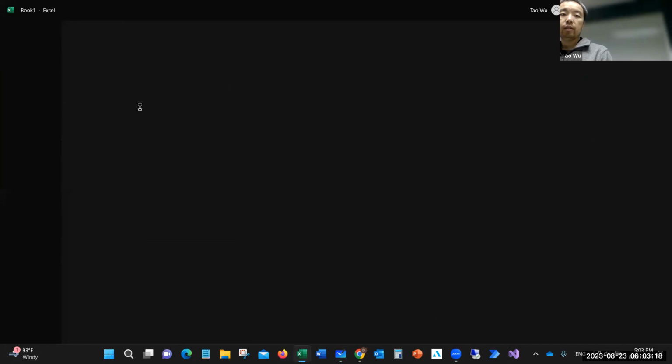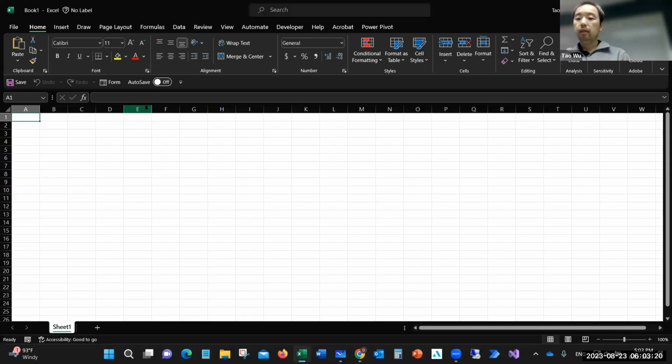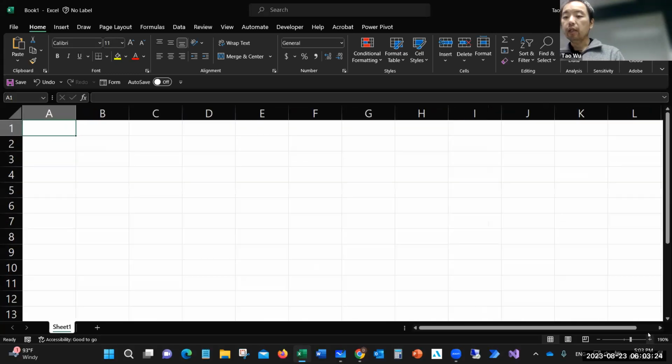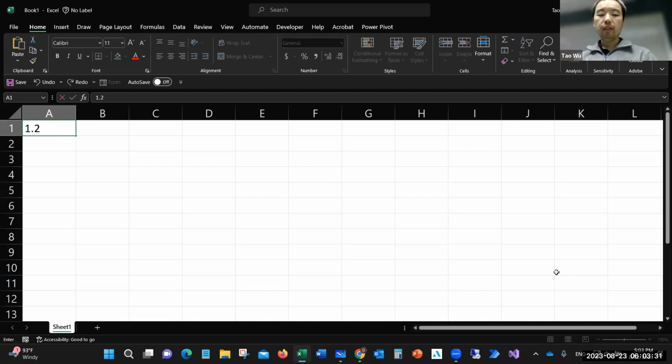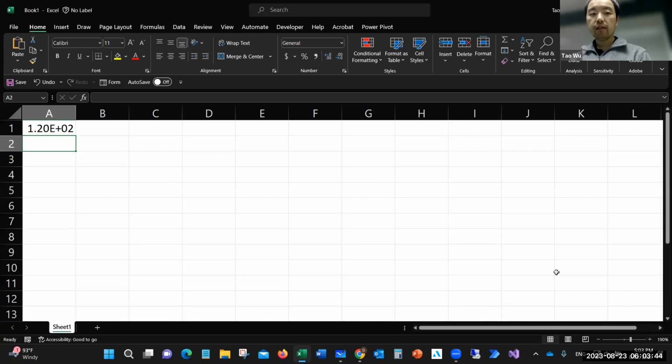If you're looking at Excel, in the engineering parts, they are not writing the scientific notation with 10 to the something. They write 1.2E2, which means 1.2 times 10 to the second, so the value shown is 120.